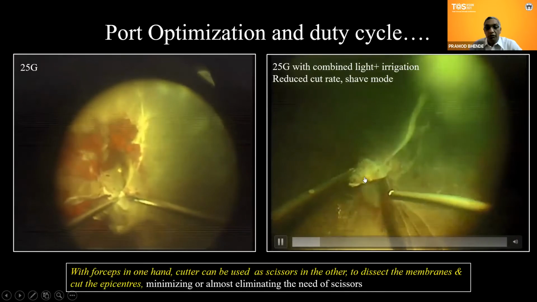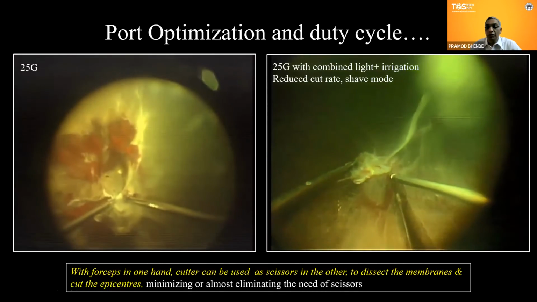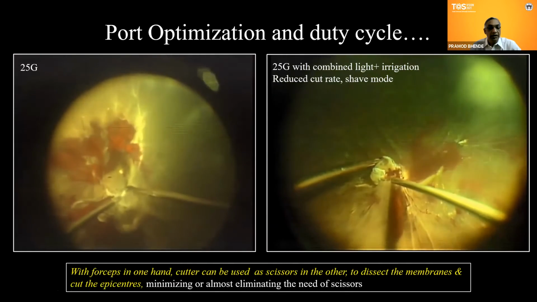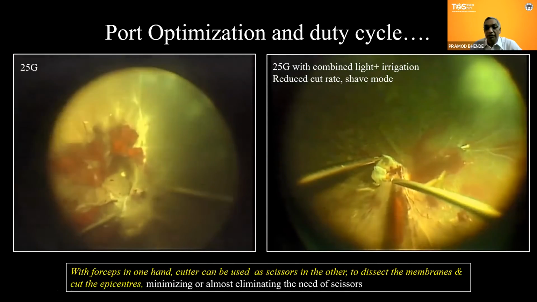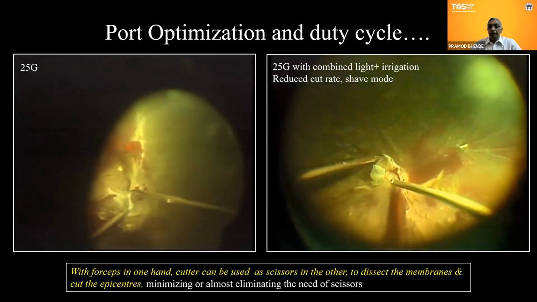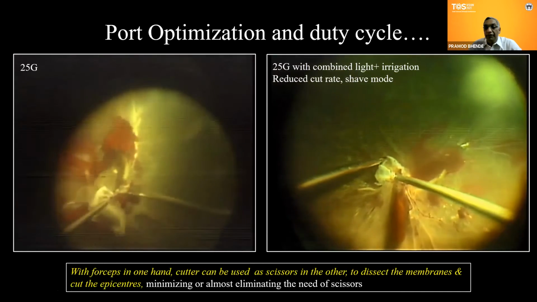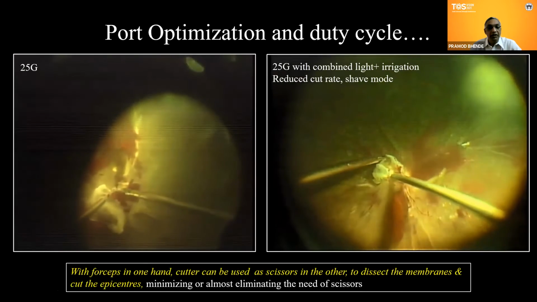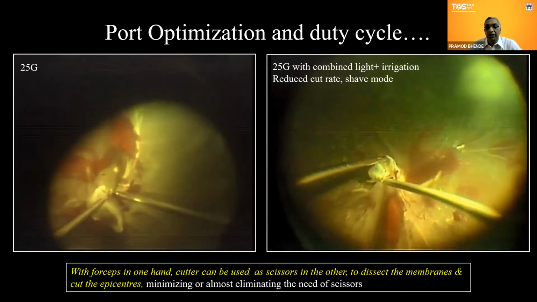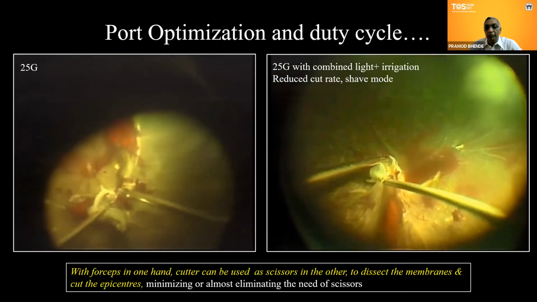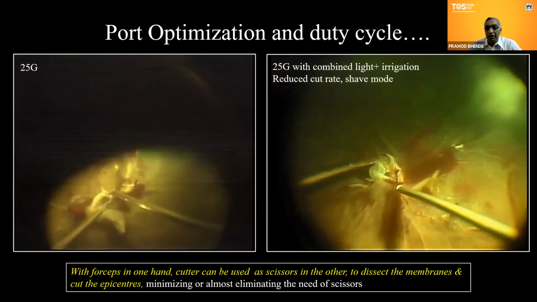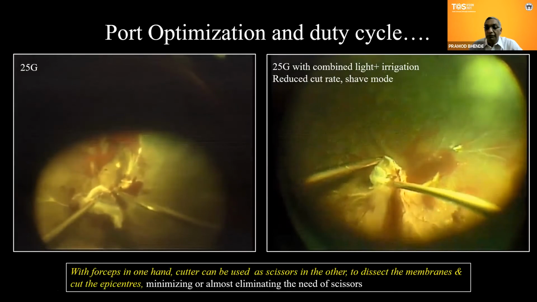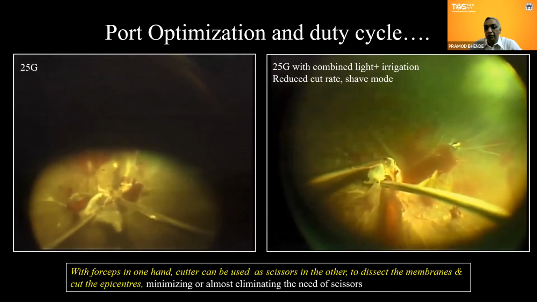When you use a cutter as a scissor, you reduce your cutting rate to almost 100 cuts per minute. And with the shaving mode, you can see exactly similar videos, one using a scissor and the other using a cutter. So you practically eliminate the need for scissors with the newer cutters here.